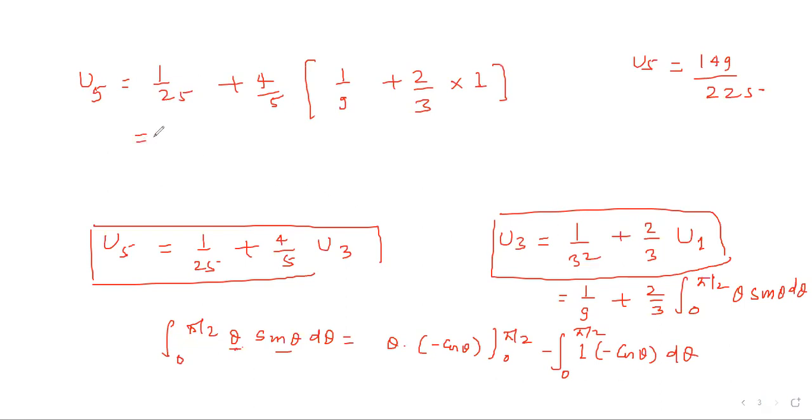So this will become 1 upon 25 plus 4 upon 45 plus 8 upon 15. If we simplify, we will get 149 divided by 225. That is our answer. Now, let's see one more question.